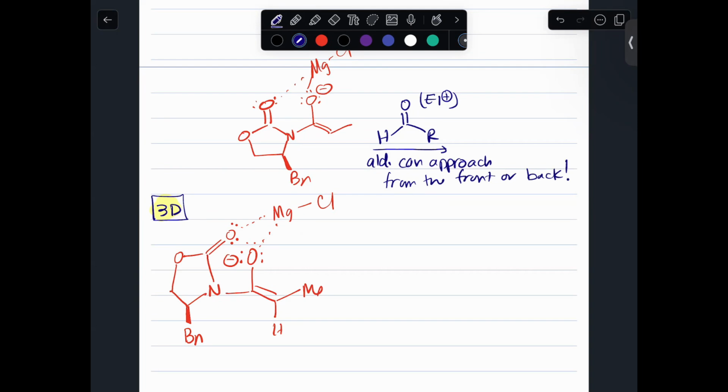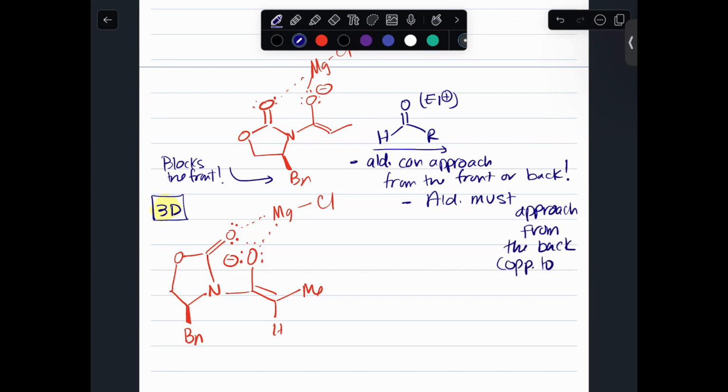In this case, my benzyl group blocks the front. So my aldehyde has to approach from the back, opposite to the benzyl group on the oxazolidinone.